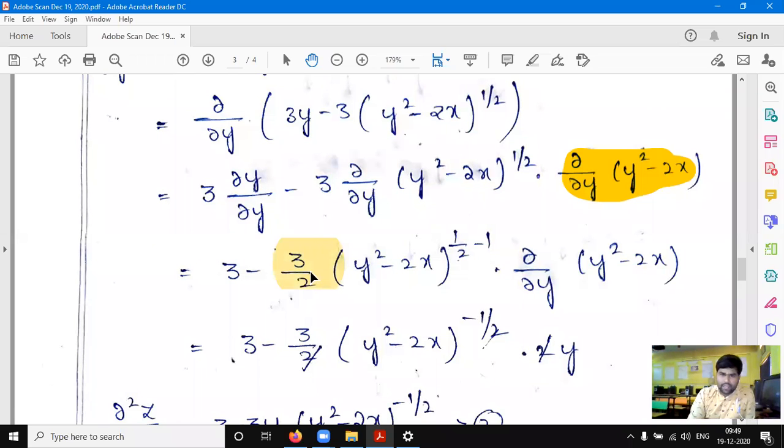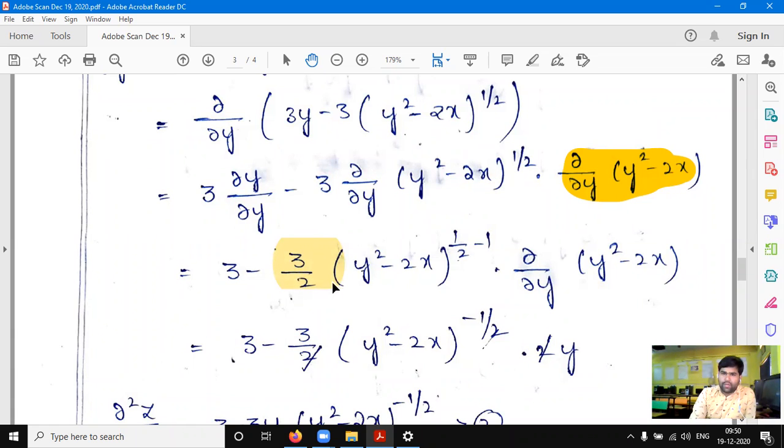3 minus 3 into the differentiation of this one, which is of the form x to the power of n, where n is 1 by 2.